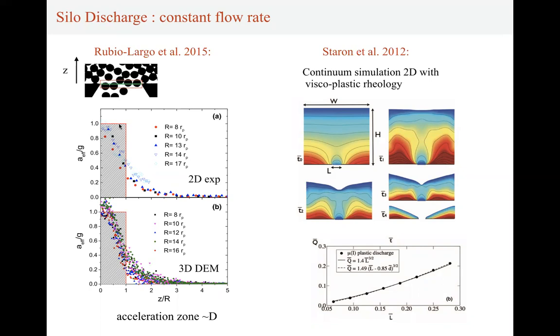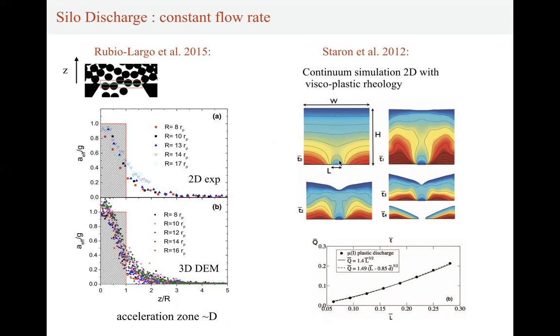If you suppose there is a free fall, the acceleration versus the vertical position should be this line, a horizontal line. And they found that it doesn't follow a free fall. The acceleration is not g, but there is an acceleration zone situated at the outlet, on a typical size which is the size of the outlet. So it's not exactly what Hagen was saying, but it's the same scaling.